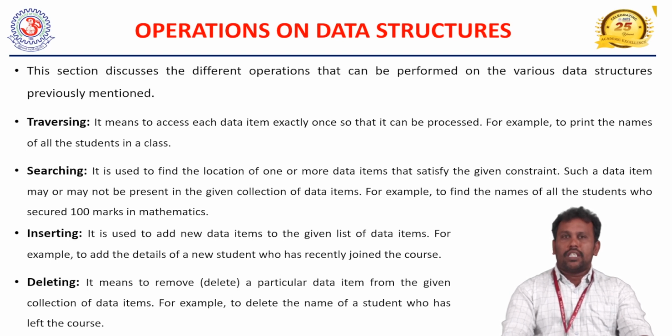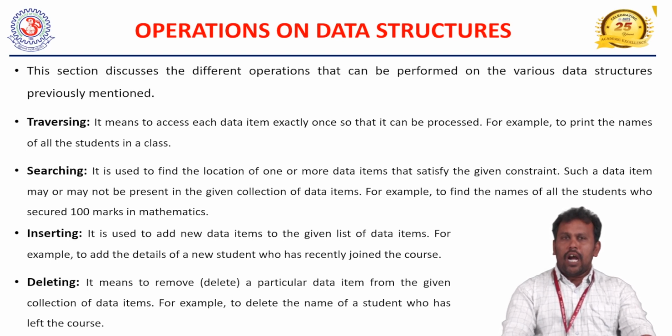One is traversing. Traversing means accessing each and every data element exactly once so that it can be processed. For example, to print the names of all the students in a class, we have to access each only once. That is the meaning of traversing. Searching means to find. It is used to find the location of one or more data items that satisfy the given constraint.